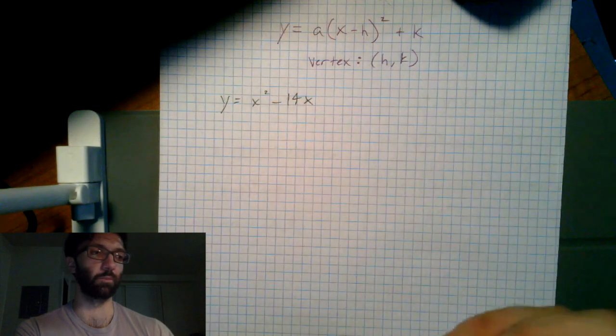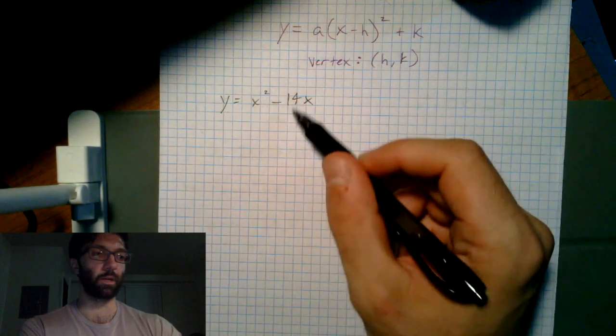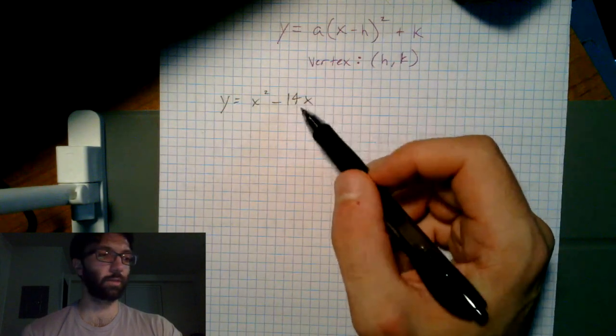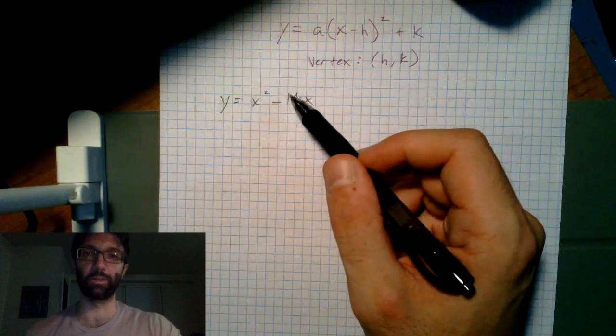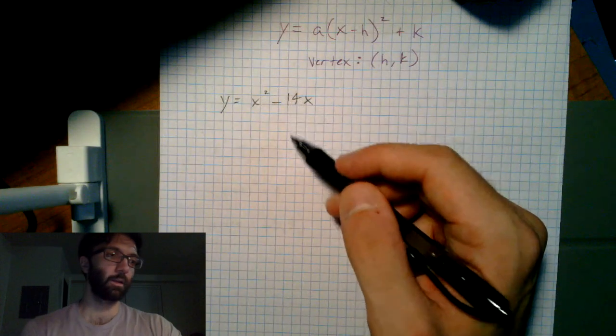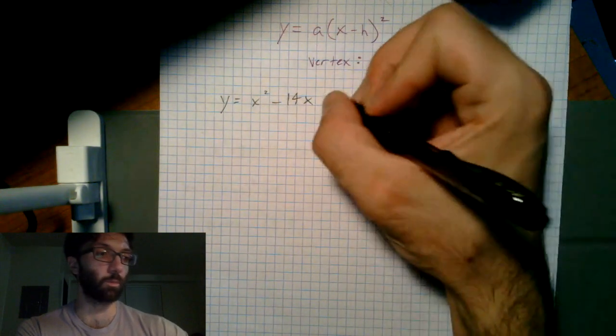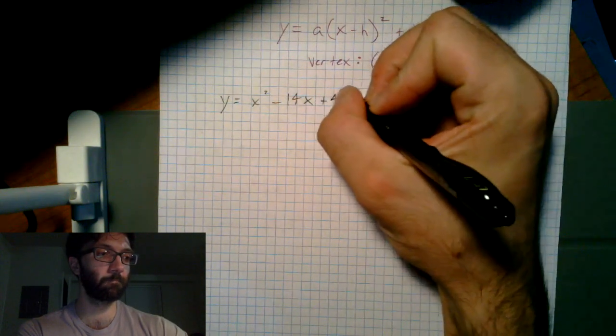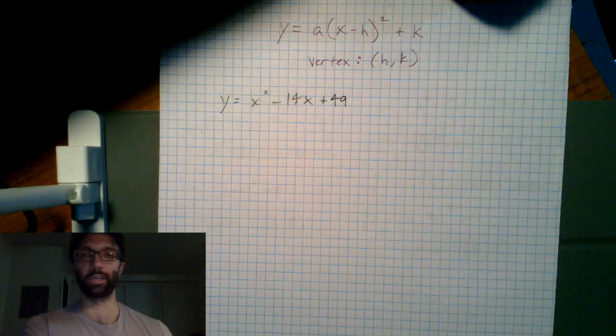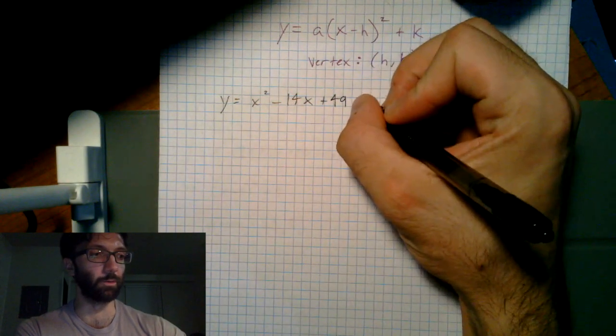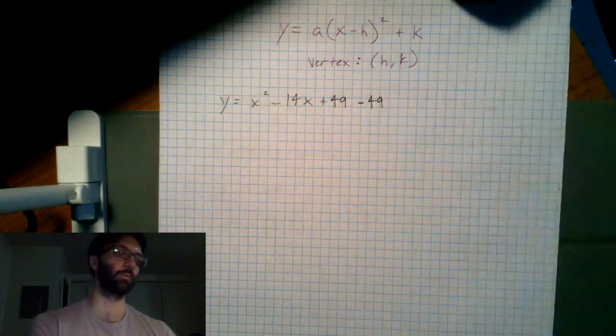And now I'm just going to go ahead and complete the square. So I'm going to cut the b value in half, so negative 14 divided by 2 is negative 7. And then I'm going to square that. And so I'm going to add 49. And then since I added 49, I'm going to subtract 49 to make up for it.